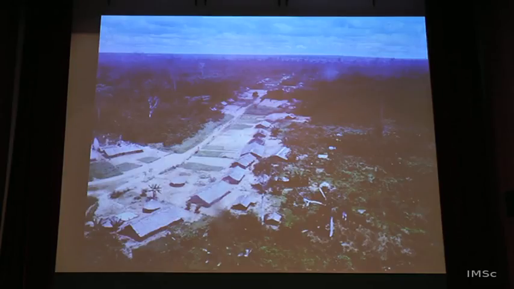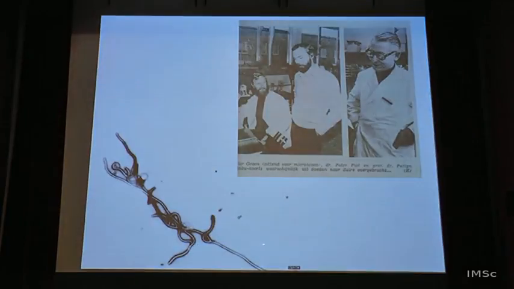So they took a sample of the blood of one case, and they shipped it by plane to Belgium, where Peter Piot was working in a virological lab. And when they looked in the microscope, they found this, a very special virus, very long, like a big string, and they had never seen that before.